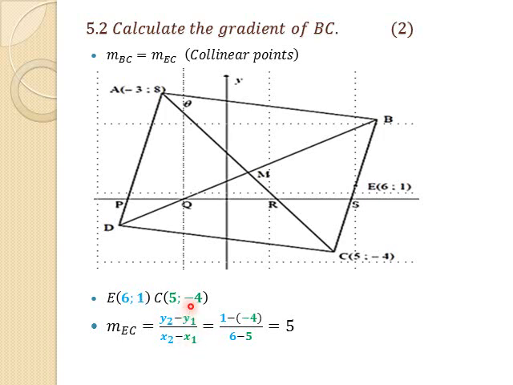There, (1 minus -4) over (6 minus 5). 1 minus -4 gives me 5. 6 minus 5 is 1. 5 divided by 1 gives me 5. So gradient EC, which is my gradient BC, equals 5.